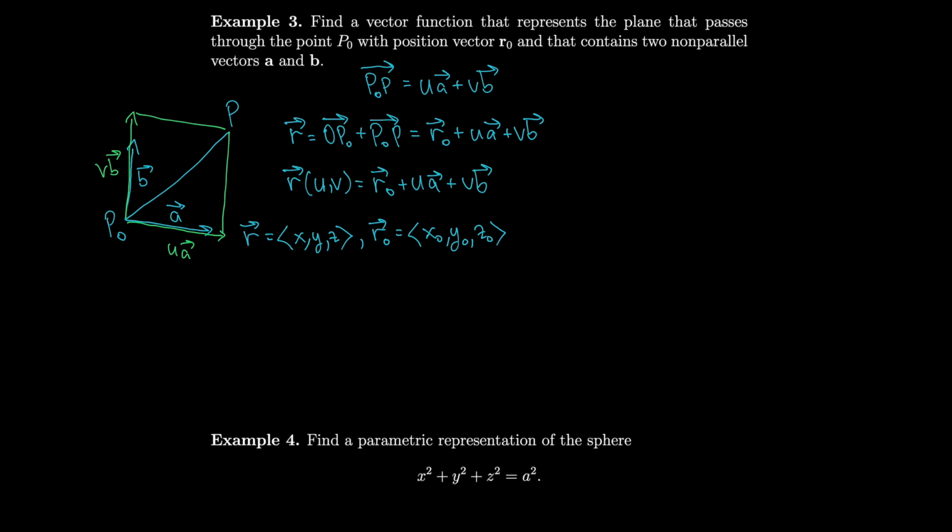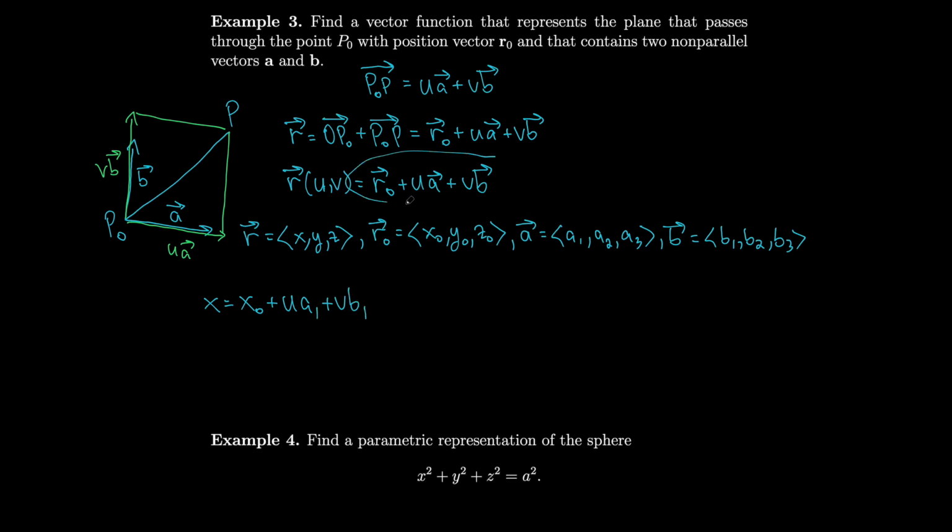So then we could set A to have coordinates A1, A2, A3, and we could set B to have coordinates B1, B2, B3, and we can get parametric equations x equals x naught plus uA1 plus vB1.